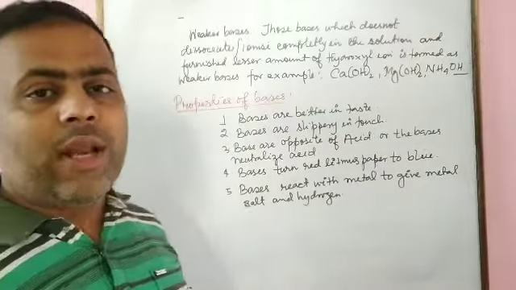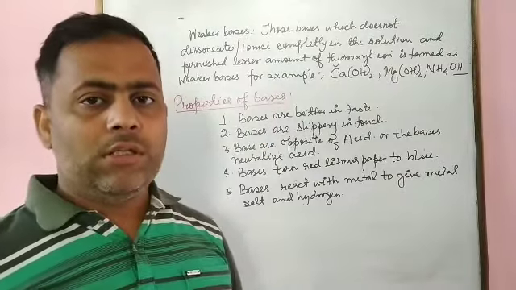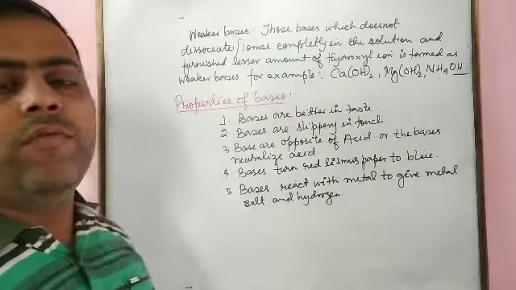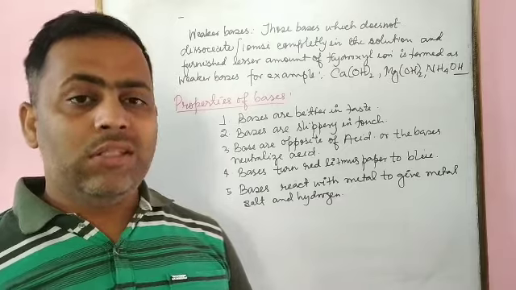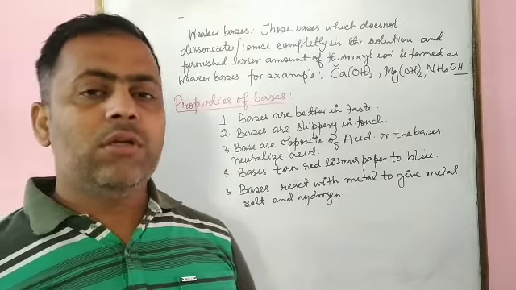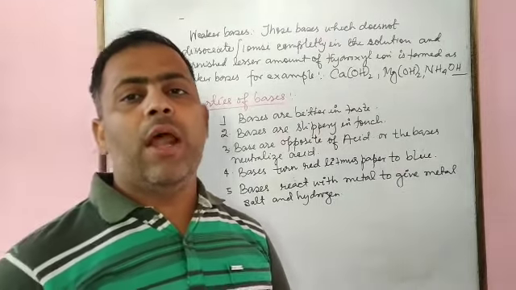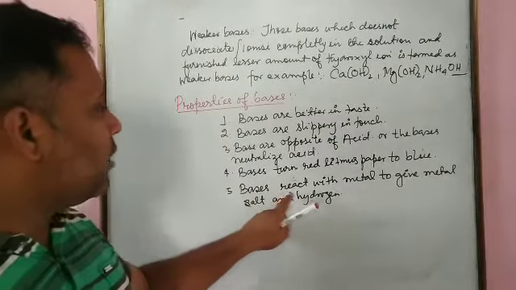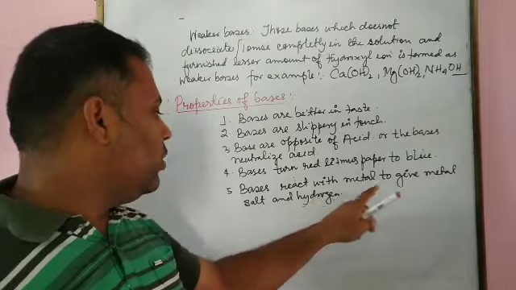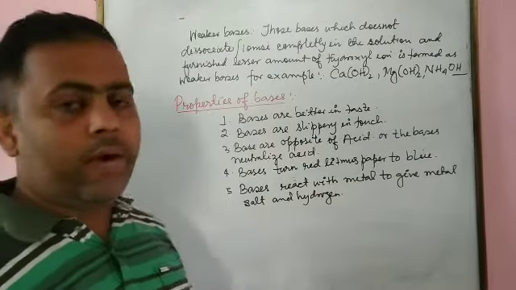Remember in the previous class, when we were discussing acid, in that property we discussed that the acid reacts with metal, zinc, H2SO4 reacts with zinc to give zinc sulfate and hydrogen gas. Here what we see, bases react with metal to give metal salt and hydrogen gas.